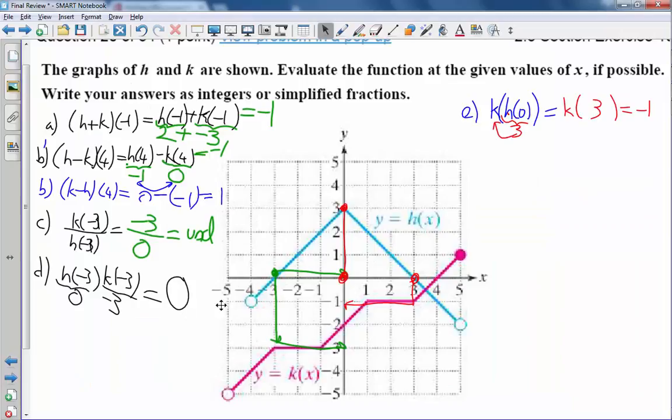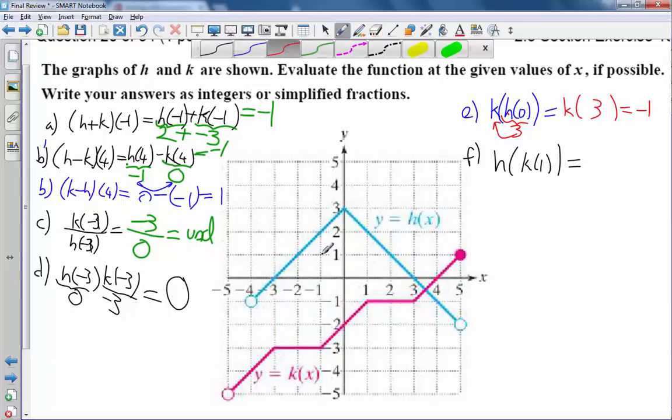H circle K at 1. Any results? Two. All agree? Let's compute 1 under K first. Where is 1? Here. K is down here. Compute it. It's -1.